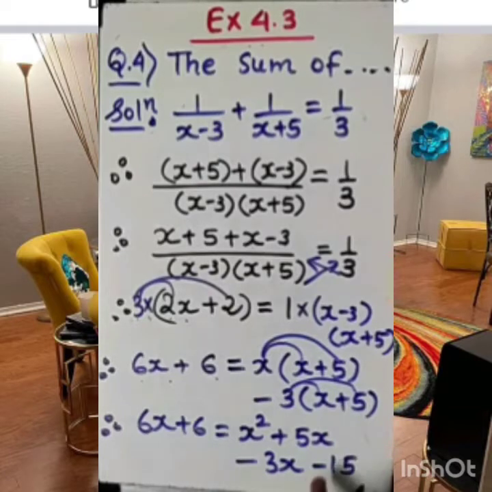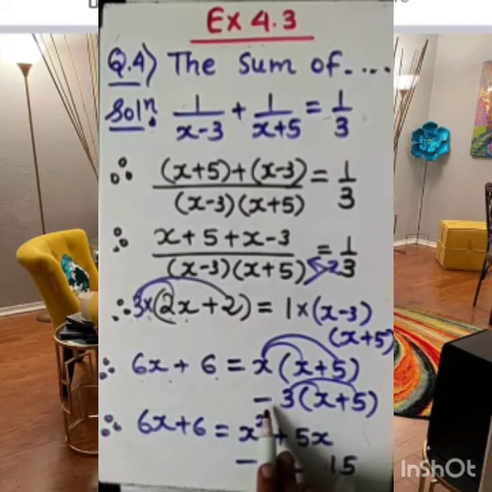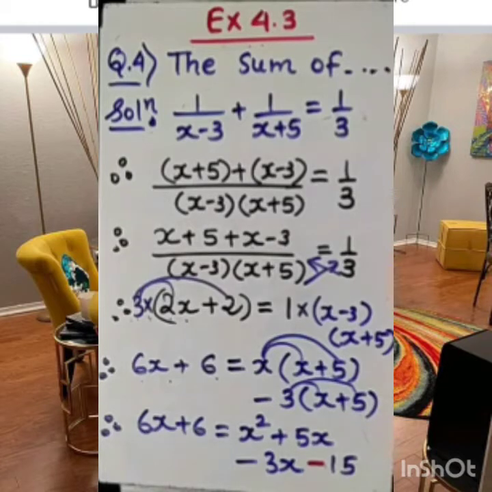You can see, dear student, I have changed the sign here. Reason behind that, outside the bracket is minus, so this plus will become minus. Got it? So let's work out the more simplification.